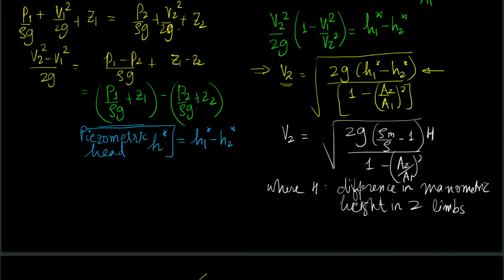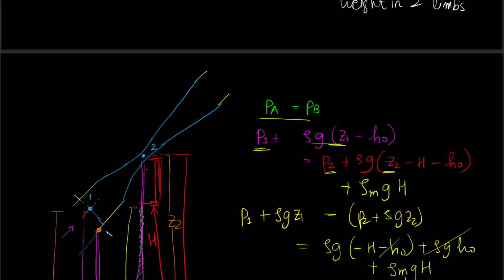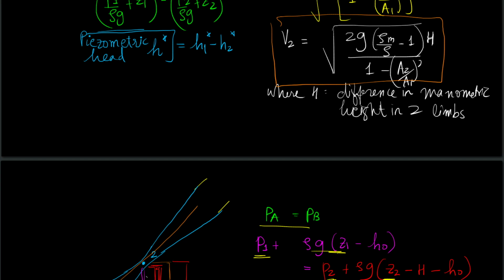Okay. So interestingly, this expression for the velocity in terms of the difference in the manometric height between the two limbs is independent of the orientation of the tube. Nowhere in the picture did this particular angle come in, and that information is encoded inside the difference in heights. It does not depend on the angle because the velocity depends on the difference in the piezometric pressure and not just the hydrostatic pressure.